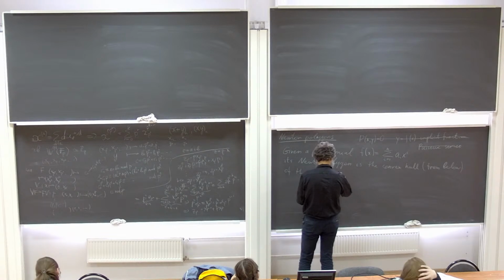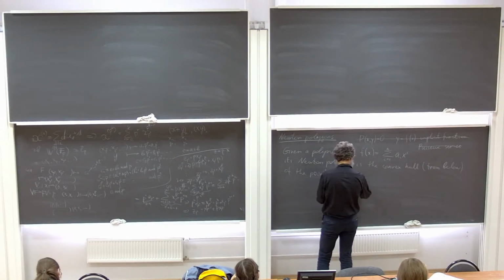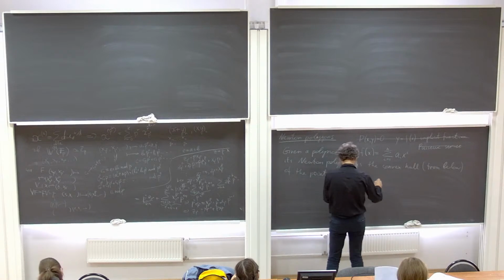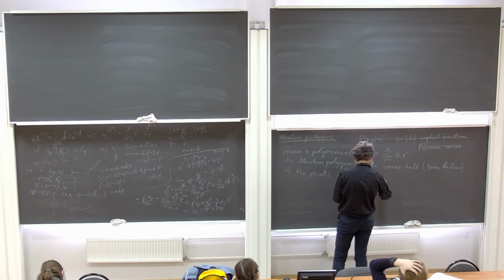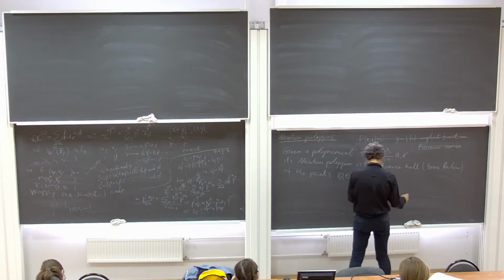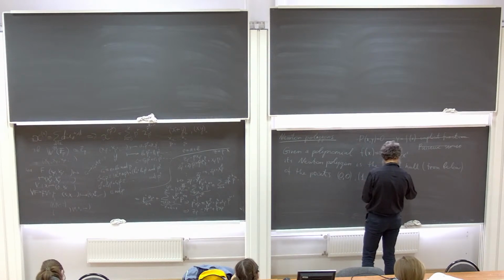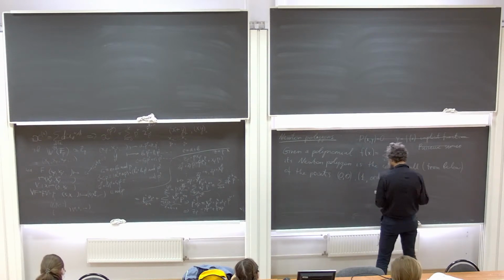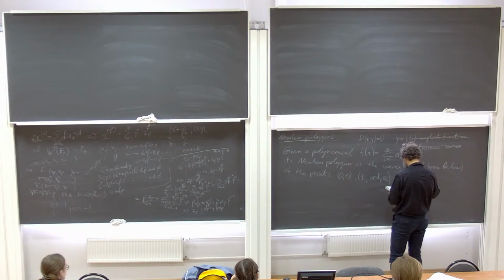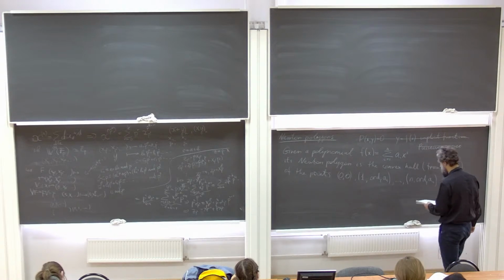just 0, 0, it starts at the origin, then 1 and the p-adic order of A1, then 2 and the p-adic order of A2, and so on, and finally n and the p-adic order of AN, like this.